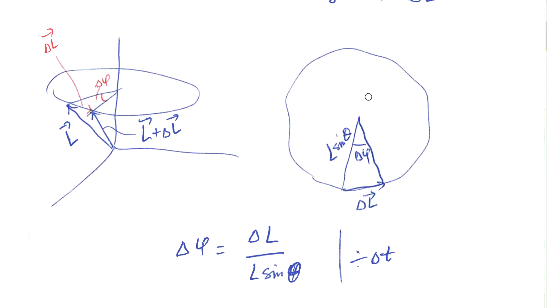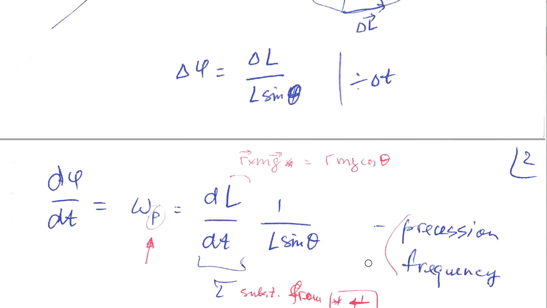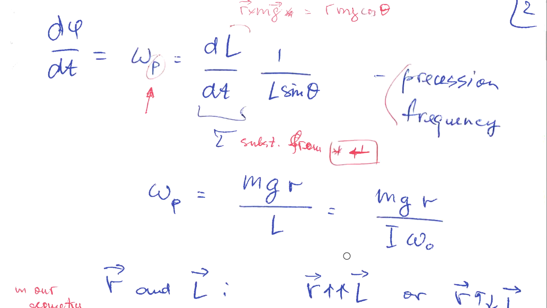Following this, looking at this triangle, we divide by delta t and take the limit as delta t approaches 0. What that gives us is delta phi over delta t, and d phi dt is our angular frequency in polar coordinates. P stands for precession, that is the precession frequency.